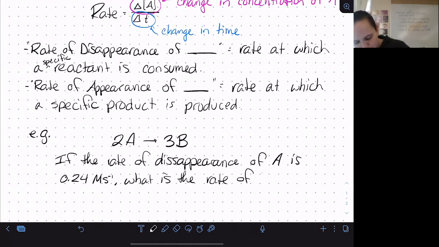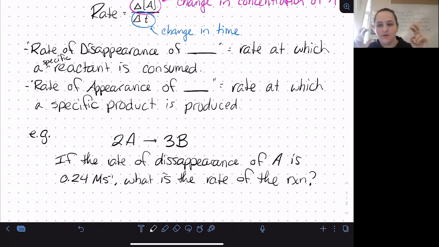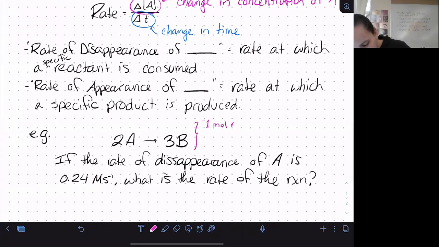What is the rate of the reaction? So the rate of the reaction is always per mole of reaction, which just means for 2 moles of A reacting to form 3 moles of B. So for this reaction, 1 mole of reaction is equal to 2 moles of A reacting to form 3 moles of B.